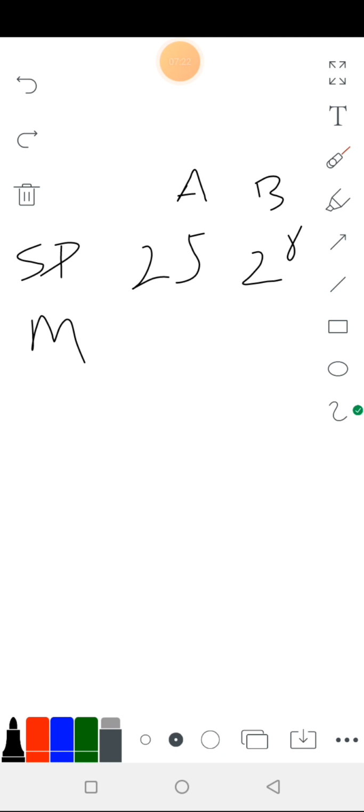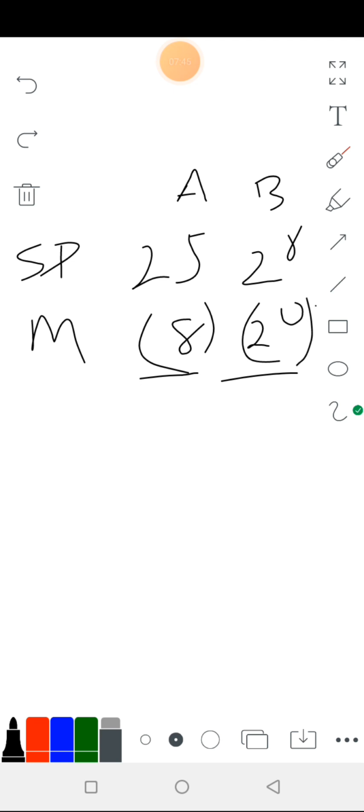For A, that's 8, the material cost, and then for B was 20. Okay, so if we remember, these are costs, so they are in brackets.